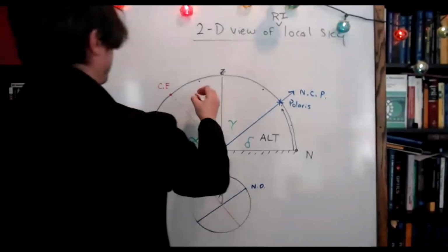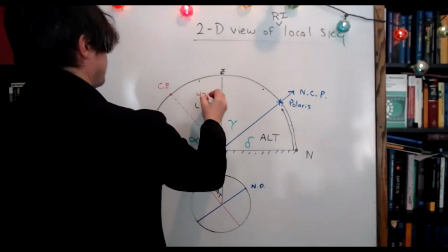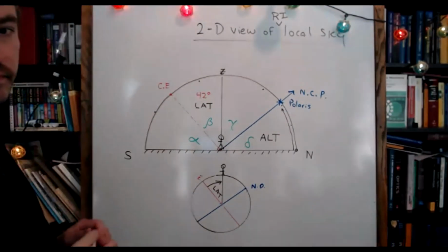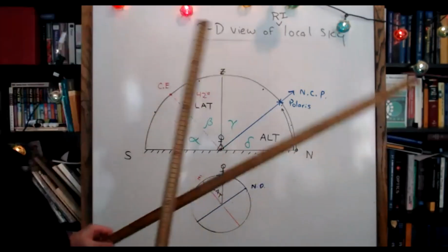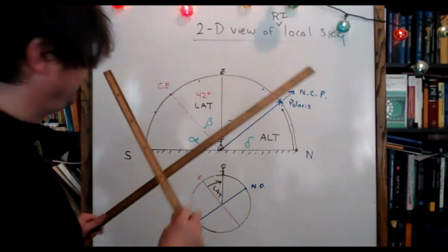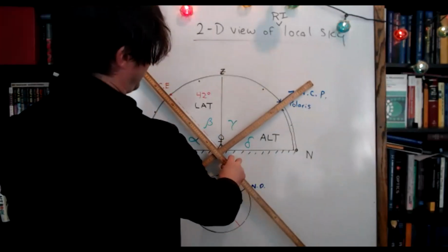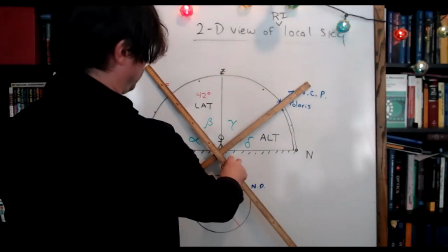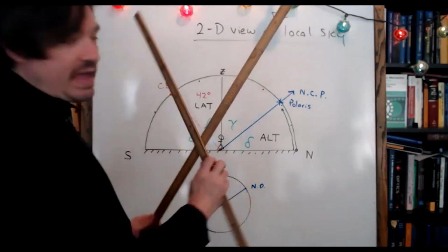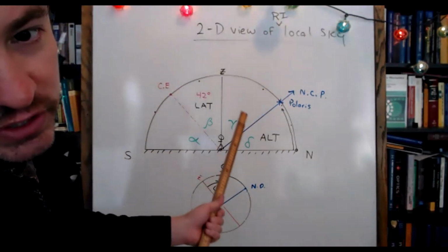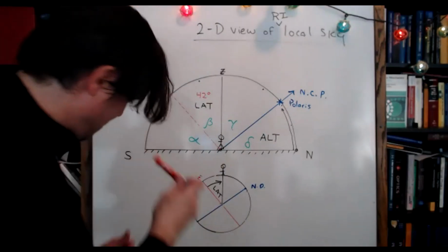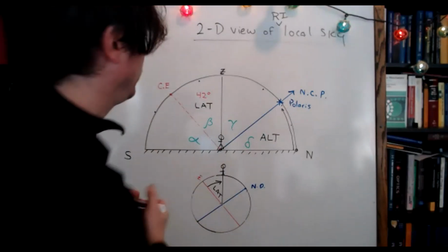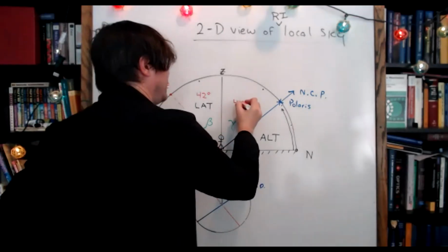So this angle is 42 degrees. Now, I spy with my little eye a 90-degree angle between the north celestial pole and the celestial equator. That makes sense. So what should gamma be then? 48. Very good. Because they have to add up to 90 degrees.